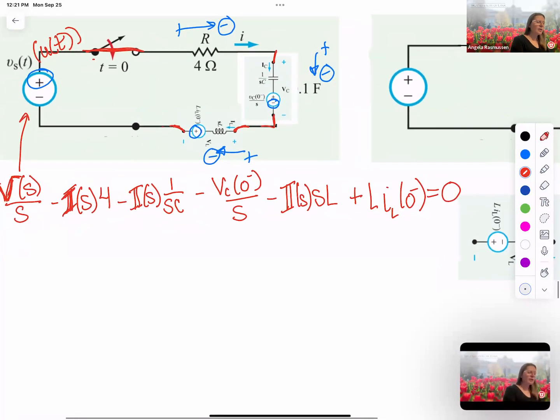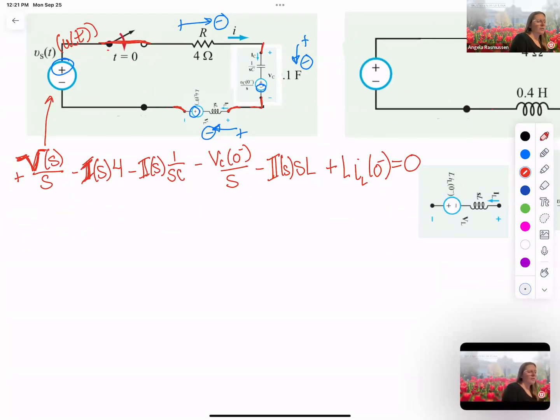So that is my loop, and now I can solve this for I of S.